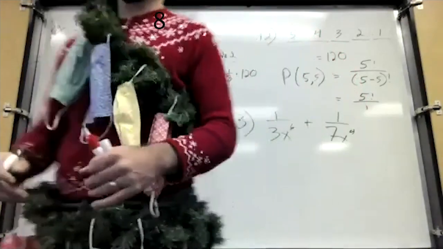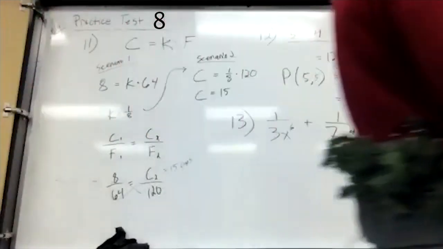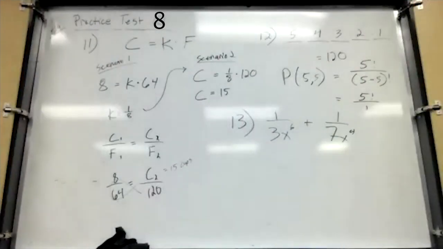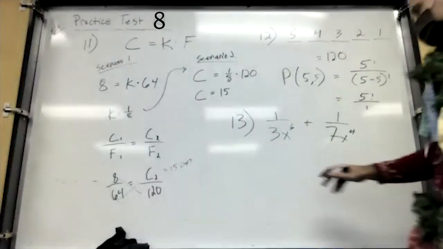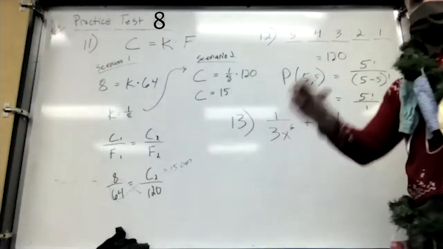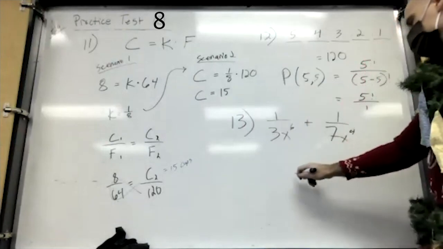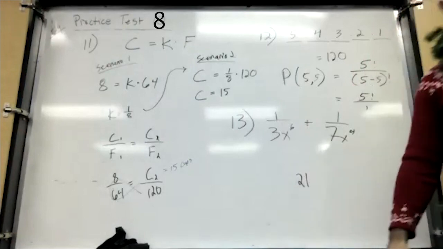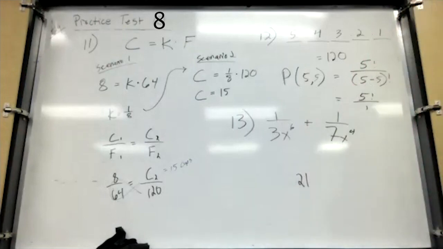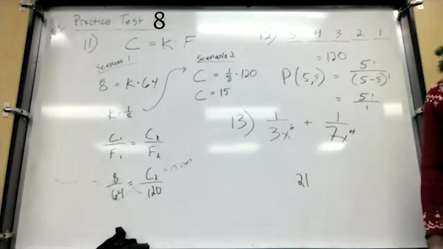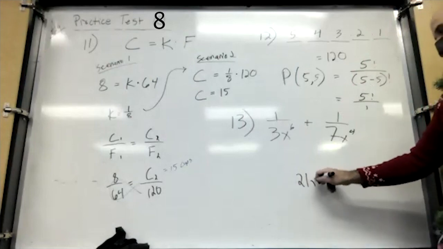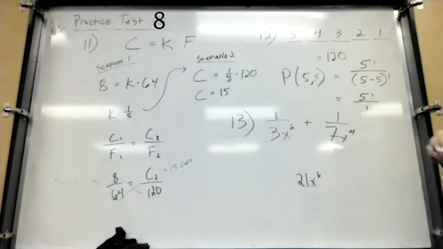Okay, so if there weren't variables here and it was just 3 and 7, what would the least common denominator be? 1. That's the greatest common factor. Oh, right. Least common denominator. 21. Okay, and then the least common denominator takes the biggest exponent of each factor. So you guys remember adding these?